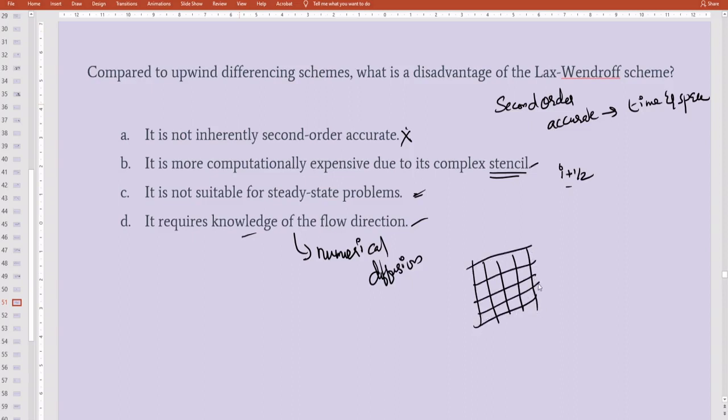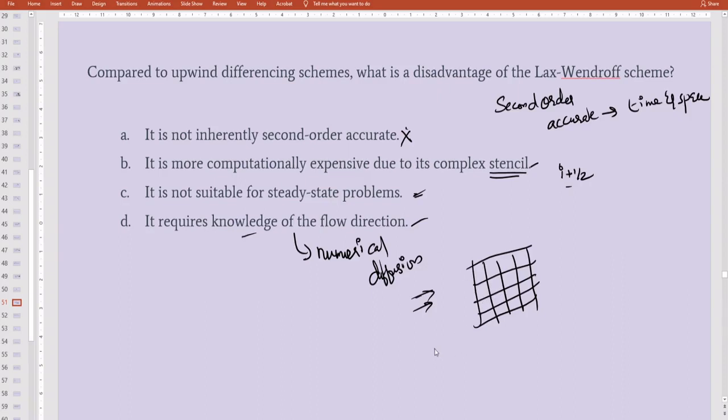so this is the mesh or grid. If the flow direction is parallel to the grid line, then it can create numerical diffusion, and it will be more intense. So we need to know the flow direction to make the mesh.